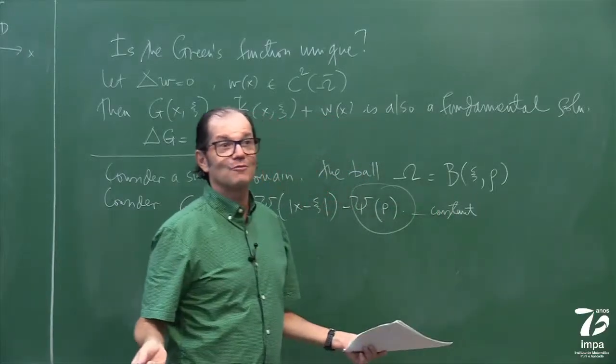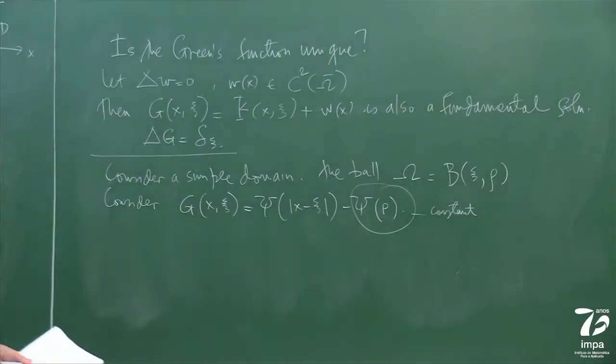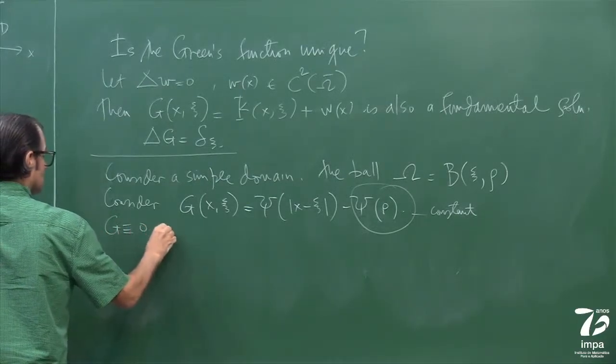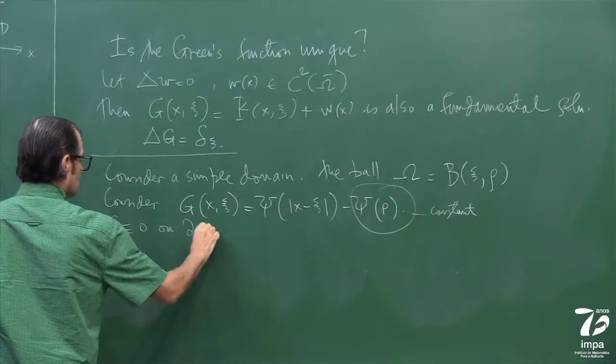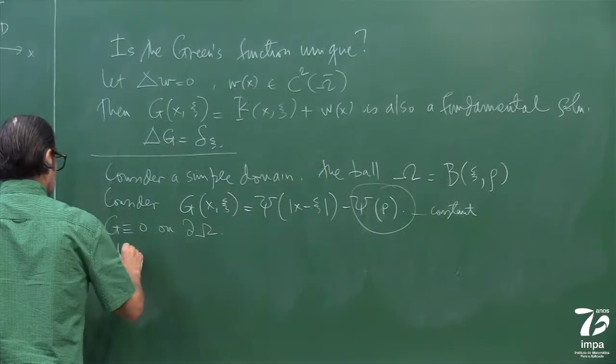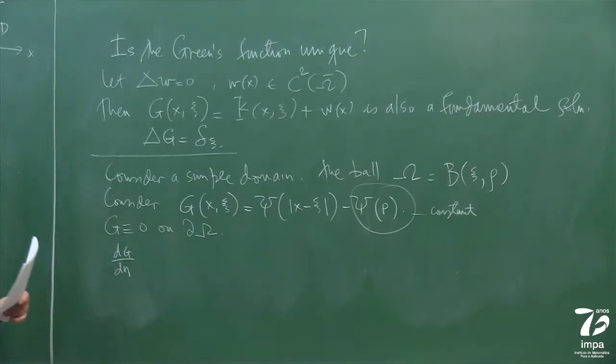A constant obviously satisfies Laplace equation, right? So, you know, it's that very simple W over there. And we have that G is identically 0 on the boundary, right? Moreover, dg dn, which is the same as dg dr, right?